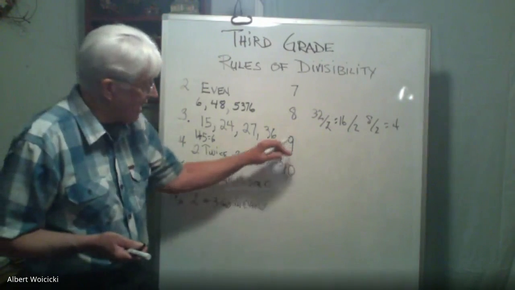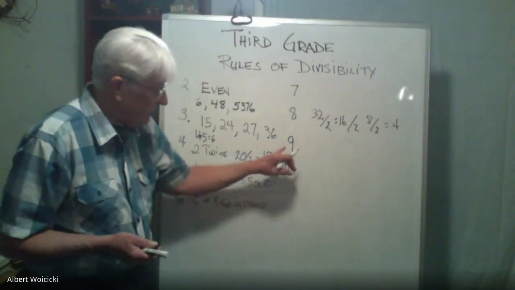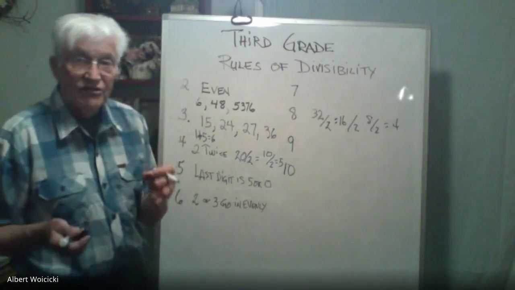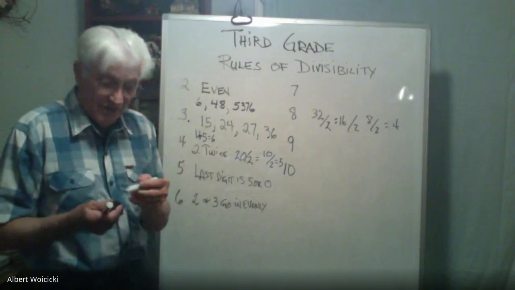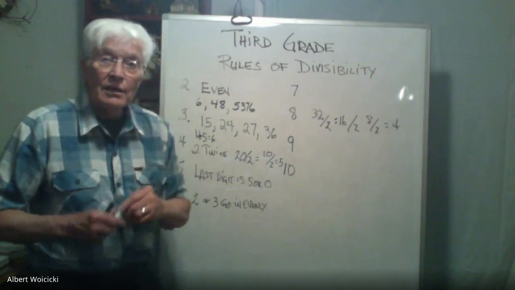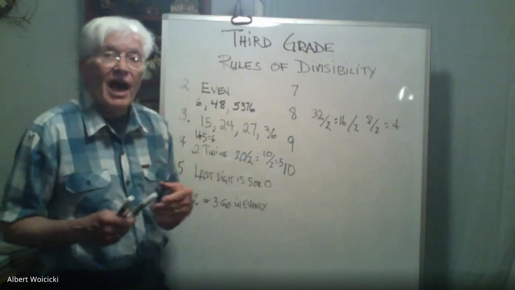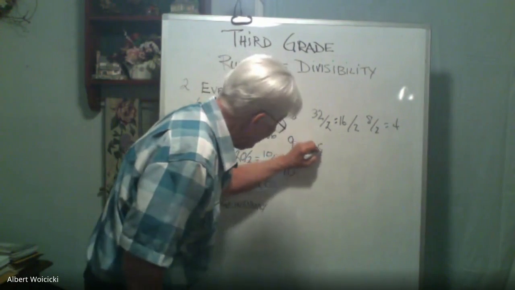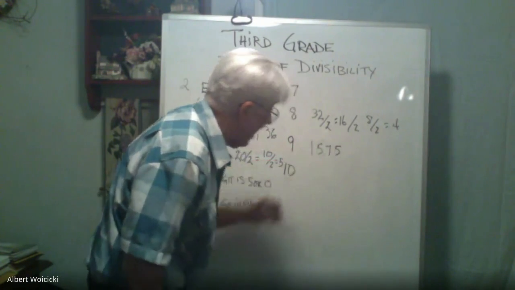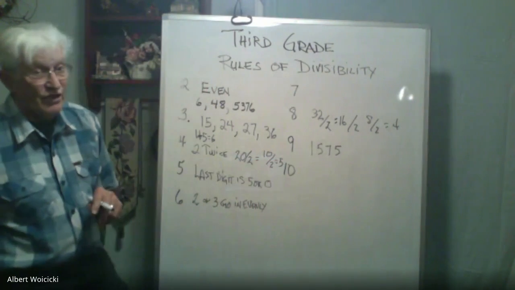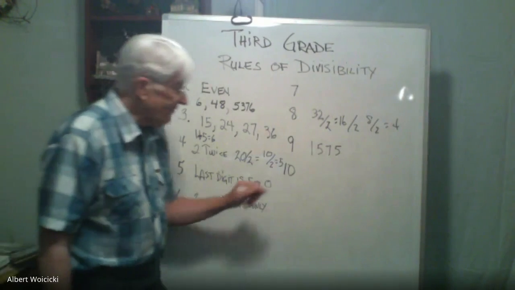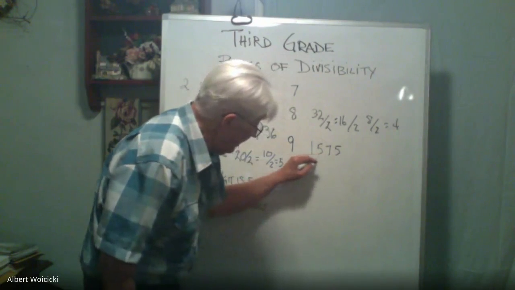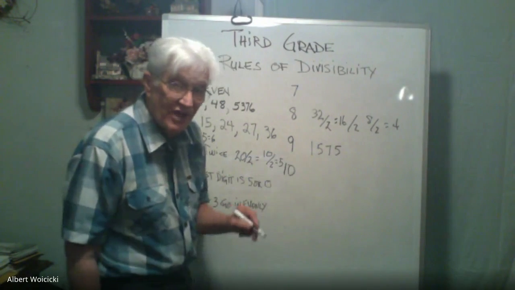So the rule for divisibility by 8: 2 has to go into it 3 times. Now, the number 9. 9 is kind of like 3. Only this time, the digits have to add up to something that's a multiple of 9. So if I look at the number 1,575, now we know that a 5 goes into it evenly, right? But if I look at these numbers, 1 and 5, that's 10, and 7, 17, and 5, 22... the sum of the digits is 18.